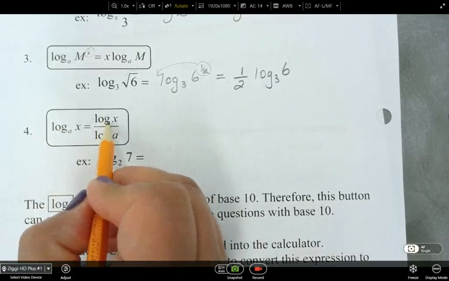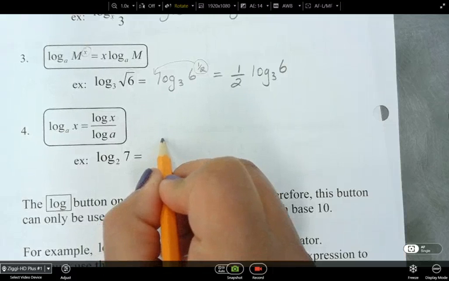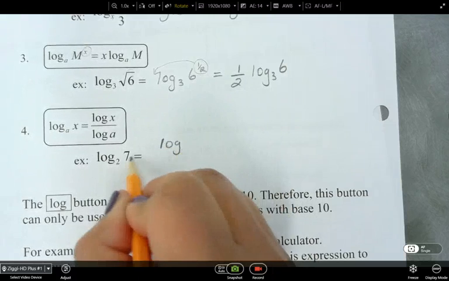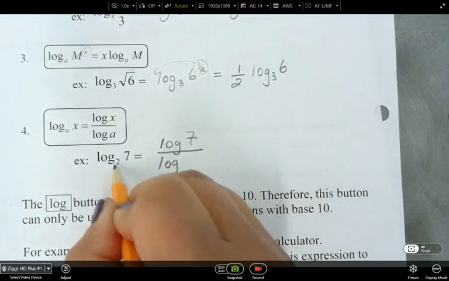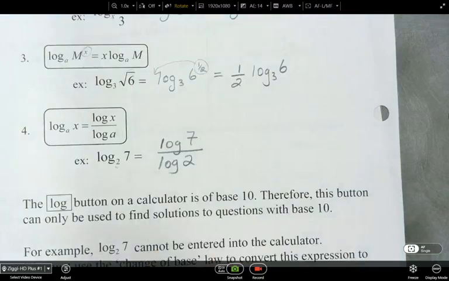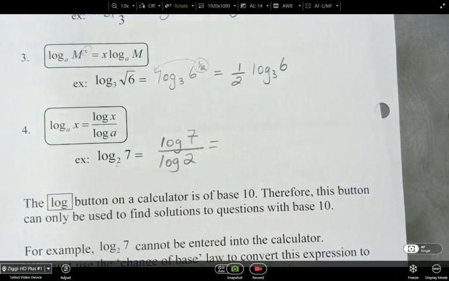We're going to put it to base 10. So we write log 7 over log 2. And now we can actually put that into our calculator. We did this like yesterday.